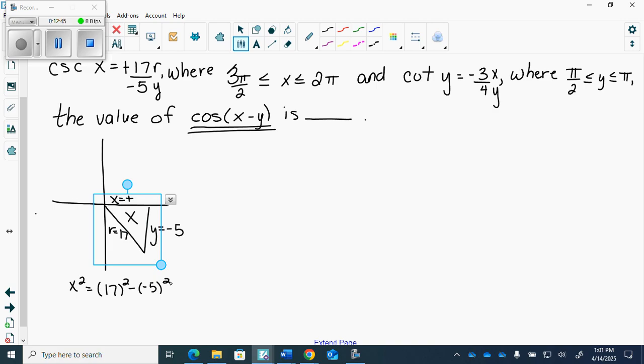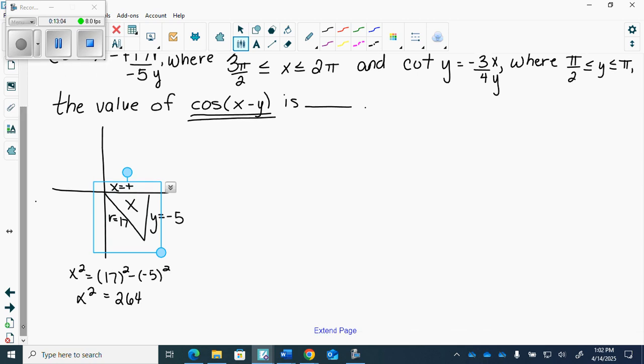So 17 squared minus 25 is 264. It's negative 5 squared. Negative 5 squared is positive 25.